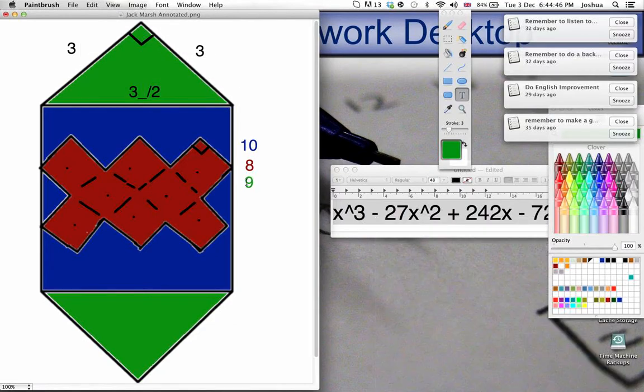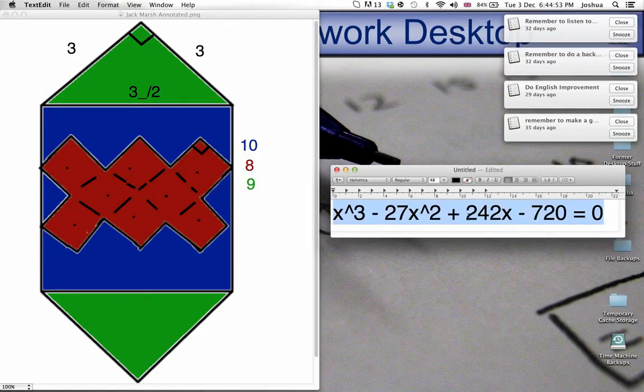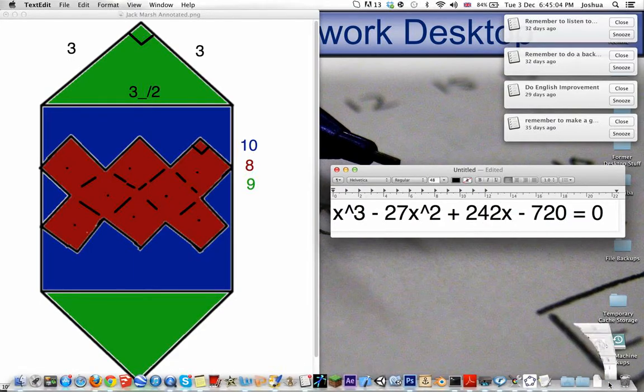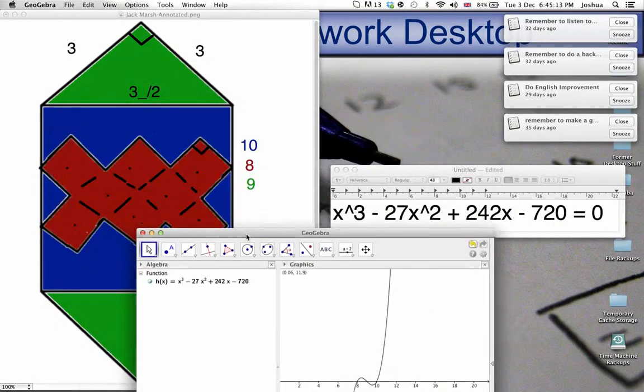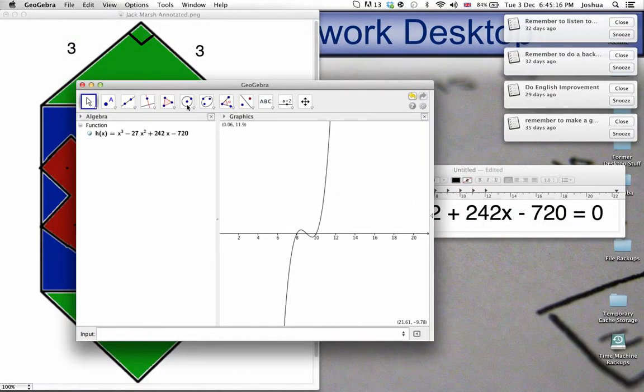So these are the 3 numbers generated by this shape that Jack Marsh has asked me to make. Those should be the values given by this equation, our Jack Marsh equation. We can test that using some graphing software. So this is the graph of h of x equal to this expression, as you can see right there. Now we set it equal to 0. What are the values of x where it equals 0?